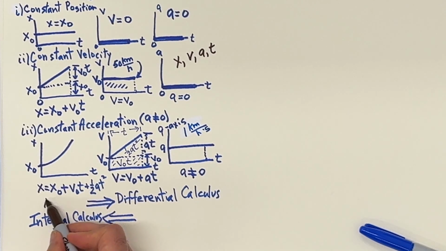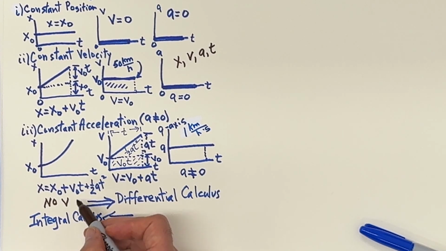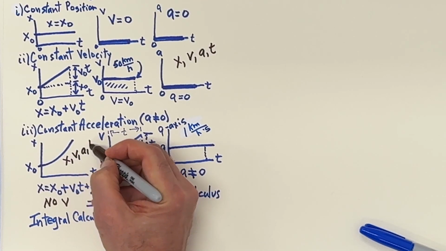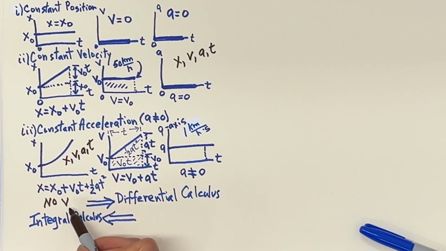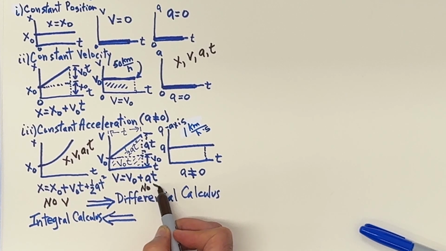Now the v naught and x naught are constants, they're initial conditions. So we're basically looking at the variables x, v, a, and t. This equation has no v. This one here has no x.